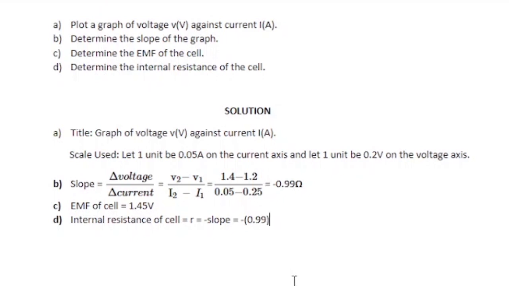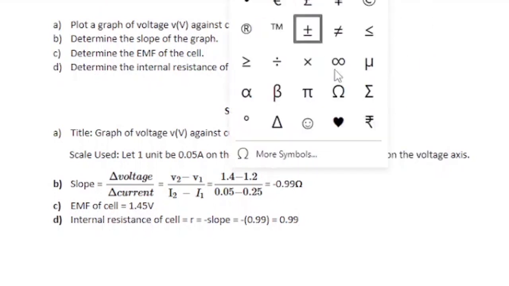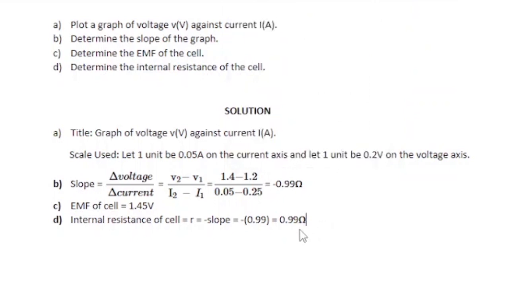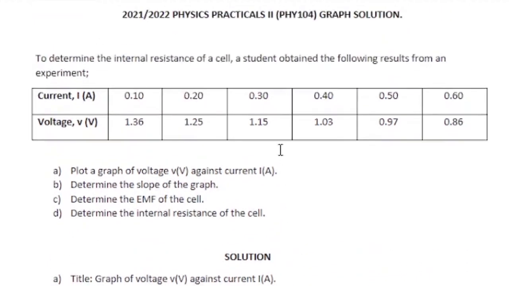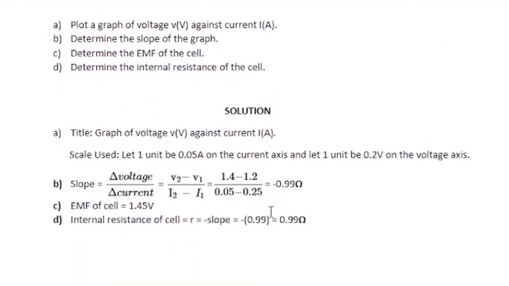So if I do minus minus, that will be equal to what there? Positive. So it becomes plus 0.99 ohms. So I'll include ohms here. Alright, so this becomes the internal resistance of the cell. So this is how you answer this question. This is the question and this is the solution to the question.